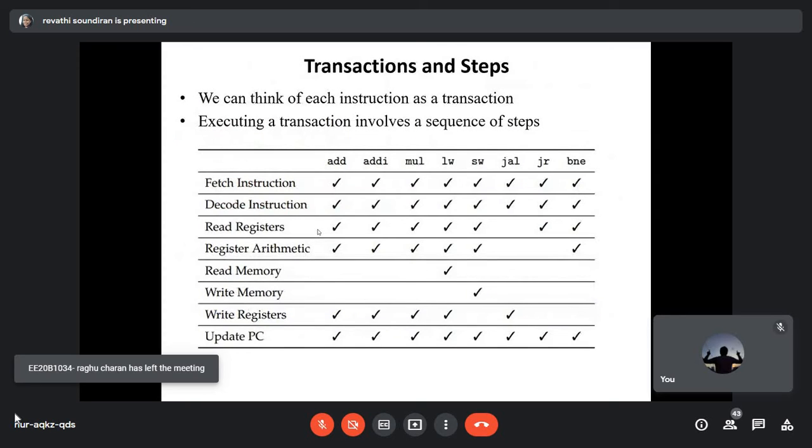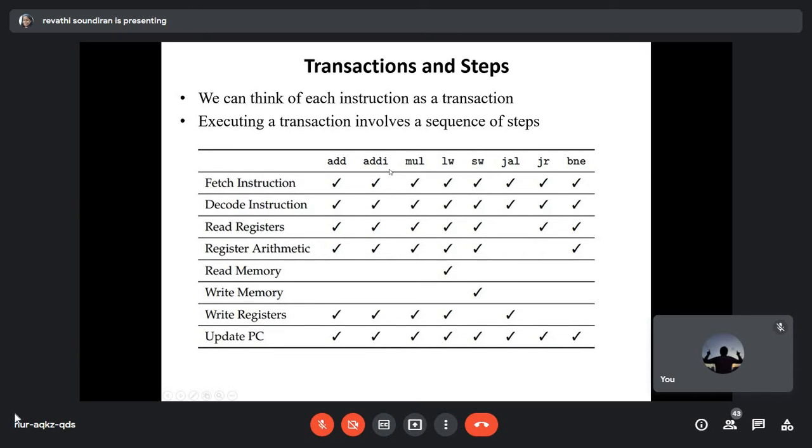Now these are the transaction steps that you see. What is the sequence that it is going to follow? First is fetching the instruction, with respect to your immediate functions, your load word or store word, your register type functions, and your jump instructions.